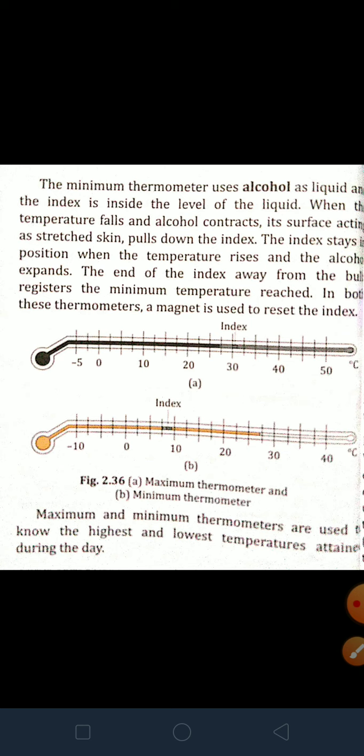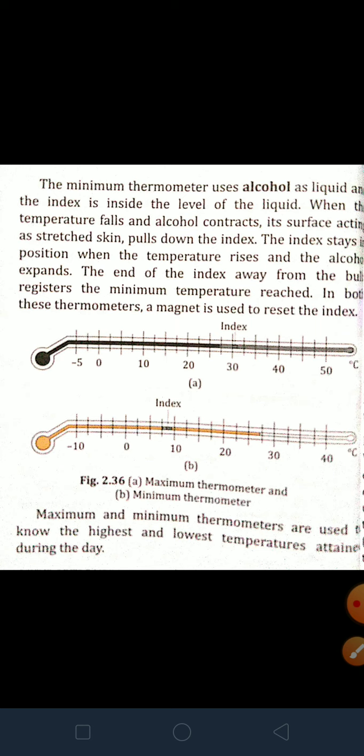Its surface, acting as stretched skin, pulls down the index. The index stays in position when the temperature rises and the alcohol expands. The end of the index away from the bulb registers the minimum temperature reached. In both these thermometers, a magnet is used to reset the index.